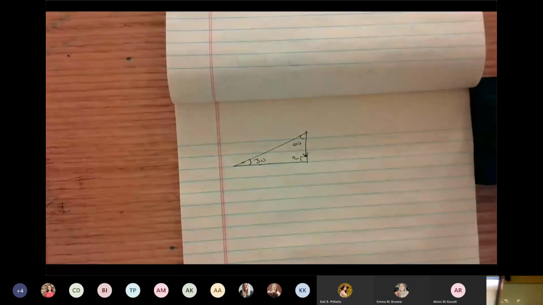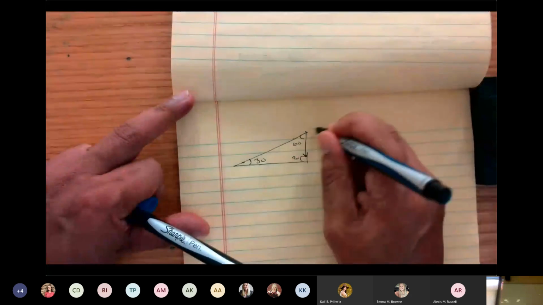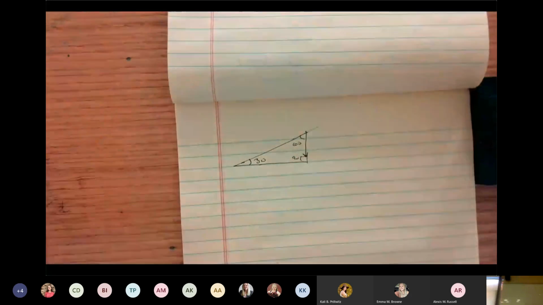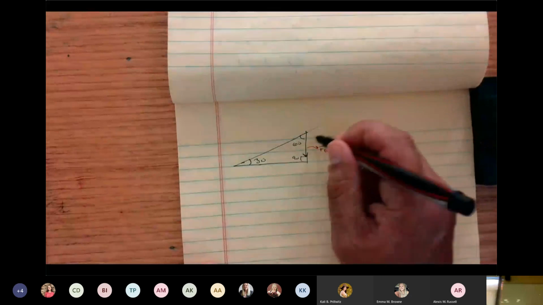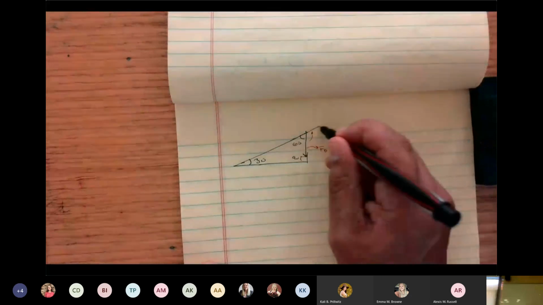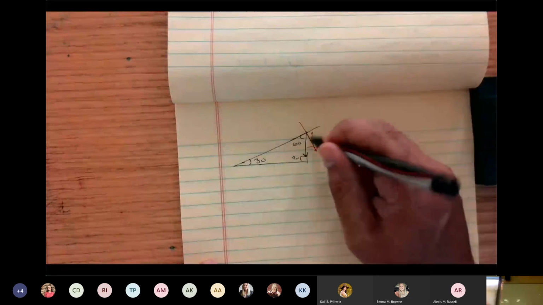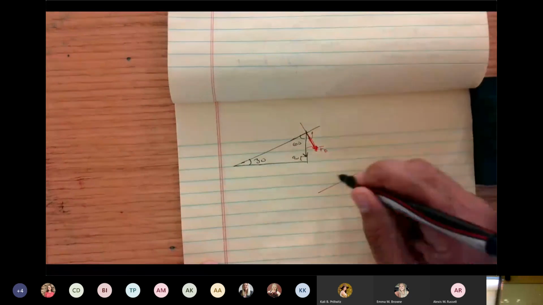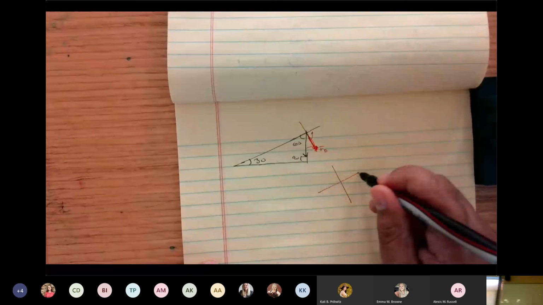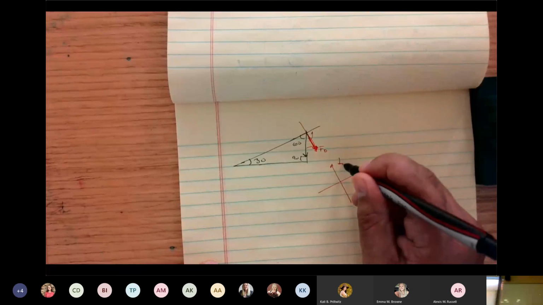Now, what I need is the perpendicular component of this force along this axis. So I need this component over here. So I'm going to redraw this. So this is my parallel axis. This is my perpendicular axis.